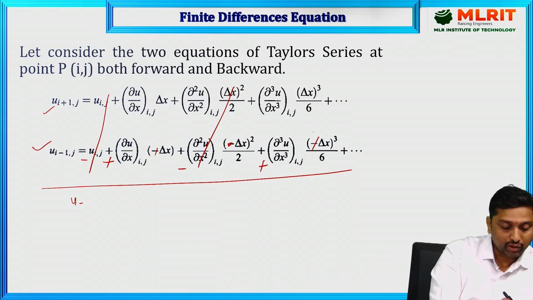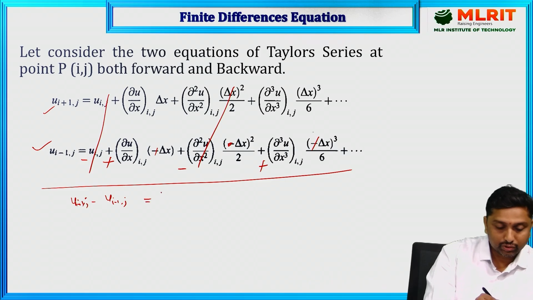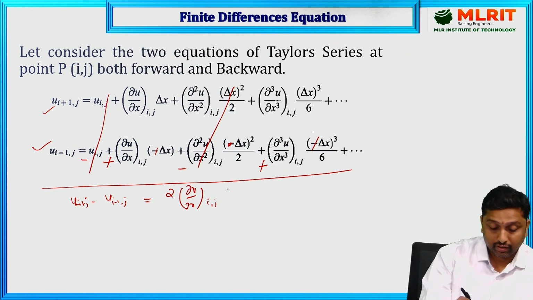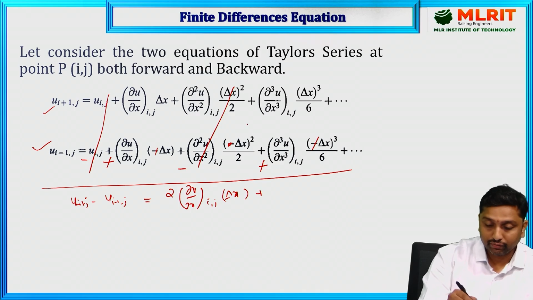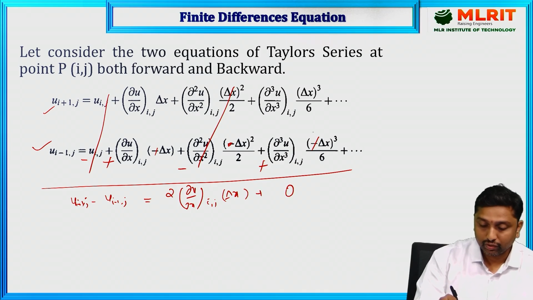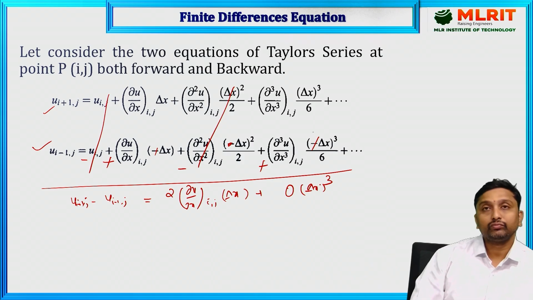So you will be left with u_i+1 minus u_i−1,j equals 2 ∂u/∂x at i,j into Δx, plus, if you observe, this is order of Δx cube.